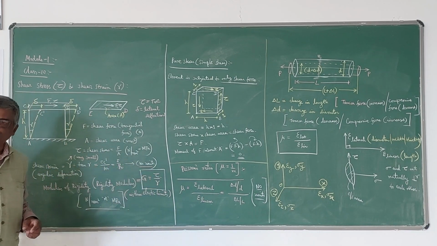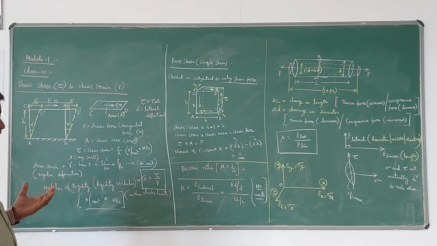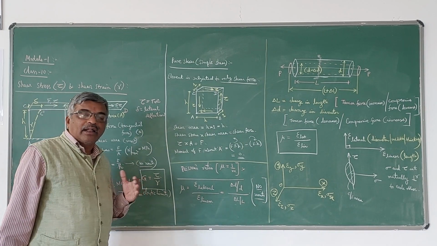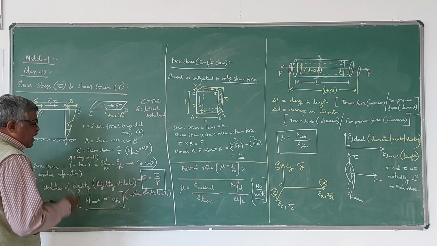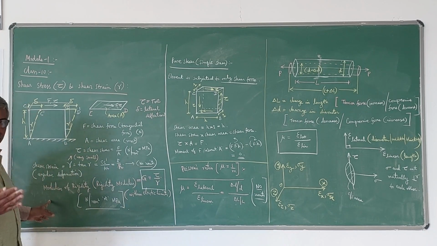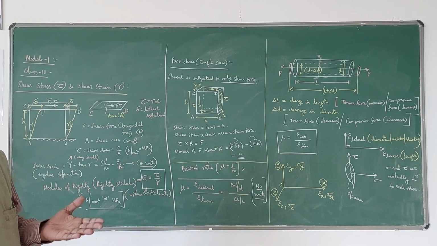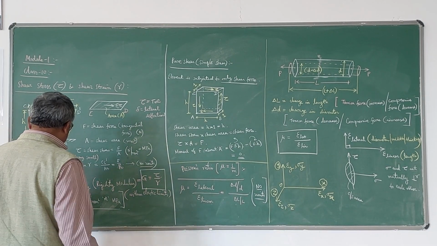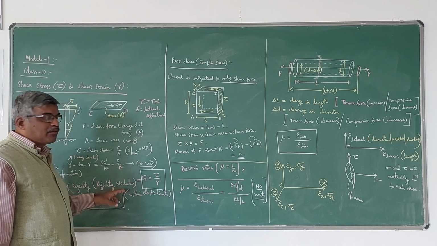So shear strain is also defined as angular deformation, whereas linear strain is nothing but linear deformation. Now, just like Young's modulus or modulus of elasticity, we are going to define one more elastic constant within elastic limits, that is called modulus of rigidity, or in short form, rigidity modulus.